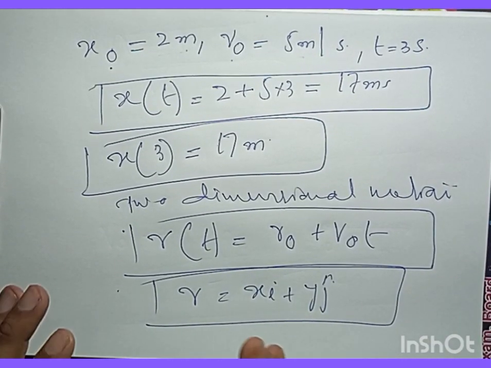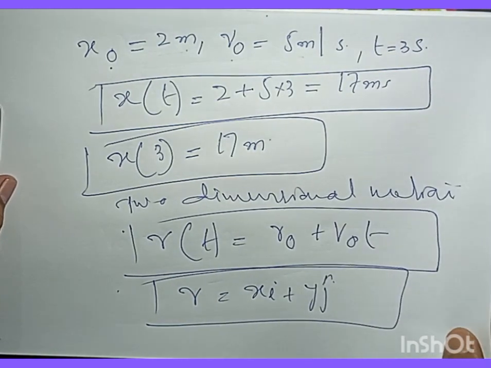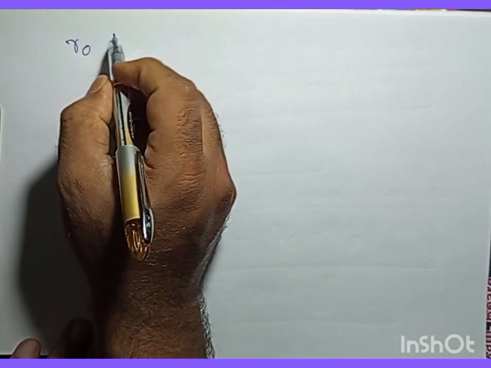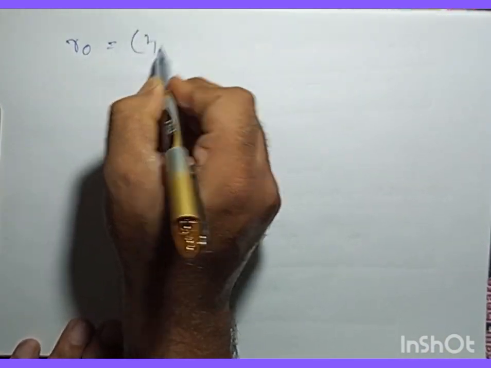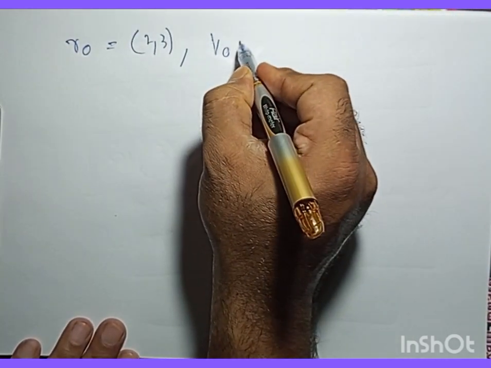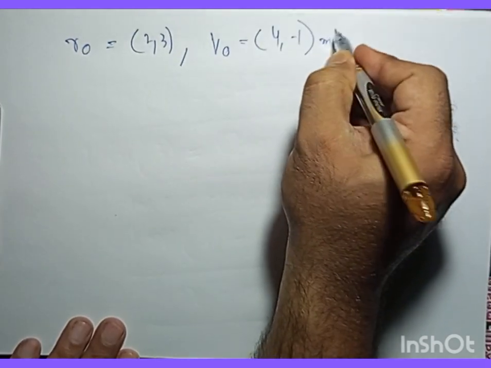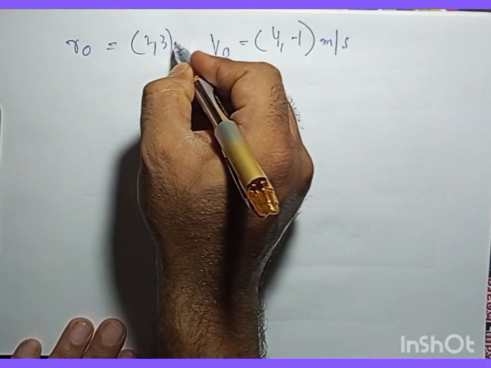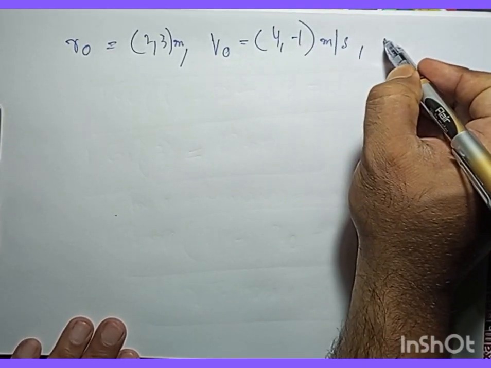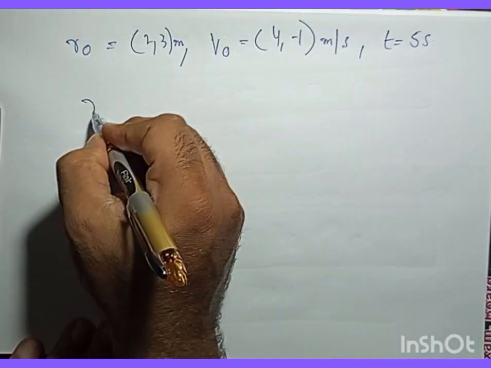Here we are talking about two-dimensional motion, and for the given situation, let r naught have two coordinates, say 2 and 3, and the initial velocity have two coordinates, say 4 and minus 1 meter per second, and this is certainly in meters. At time t equal to 5 seconds, what will be r of 5?